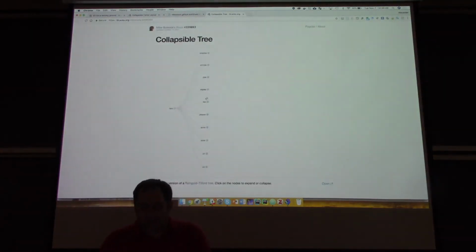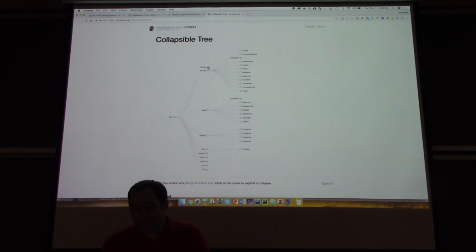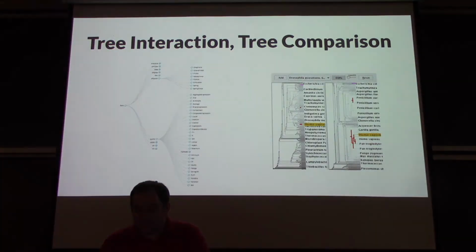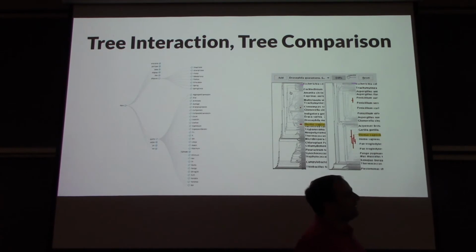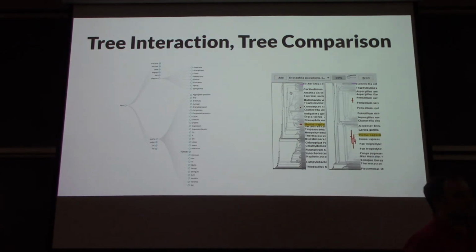How do we interact with trees? The collapsible aspect is of course important, as I just mentioned, for these kinds of operations where I drill down, as you would do in a file system. And then if you want to compare, graph or tree comparison is a common problem.